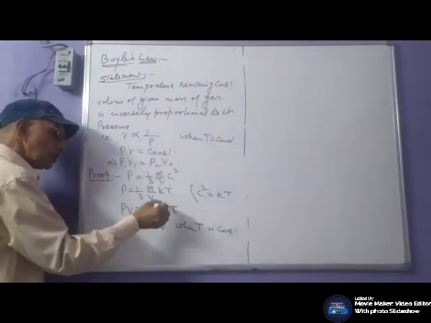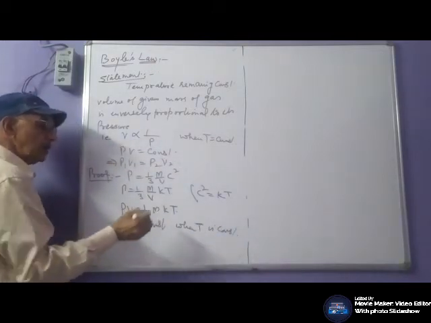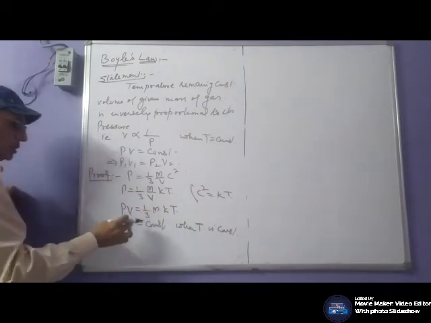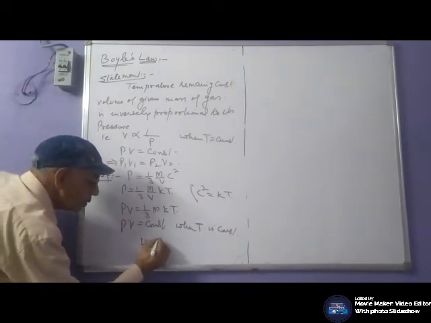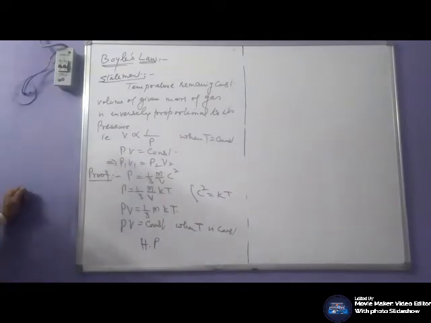This is constant, 1 by 3 m k, they are constant. If T is constant, then PV is constant. Hence proved. This is Boyle's law.